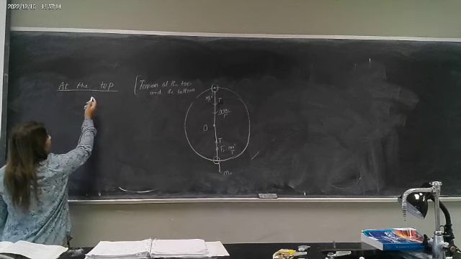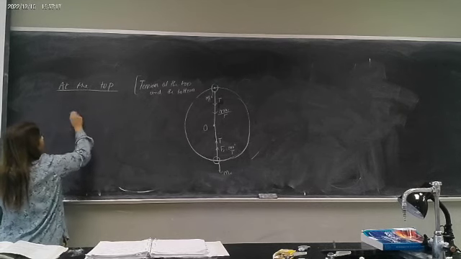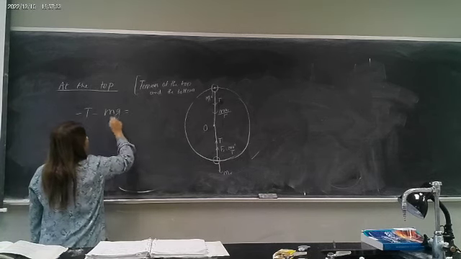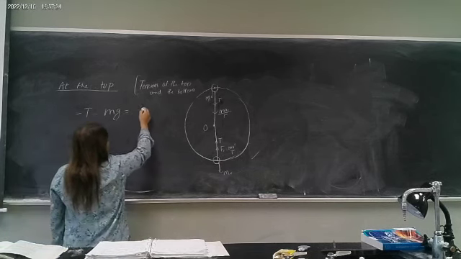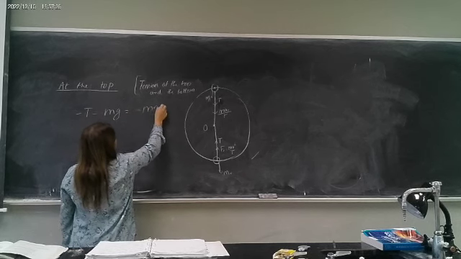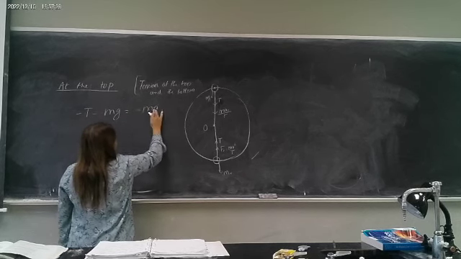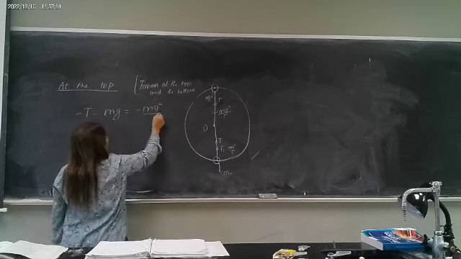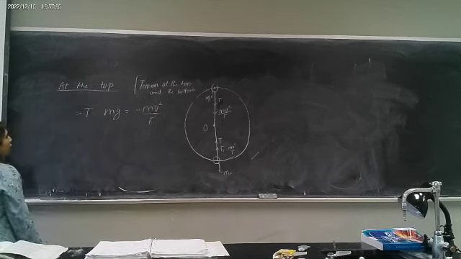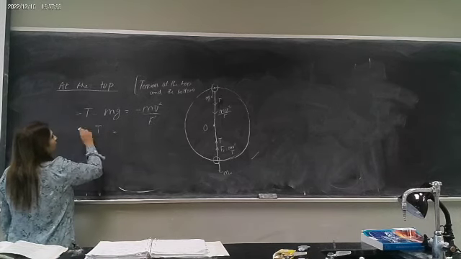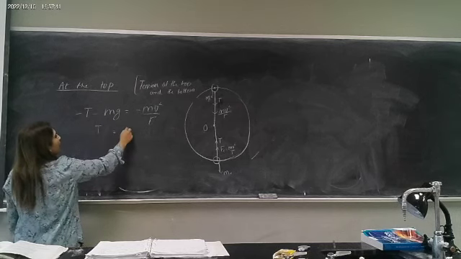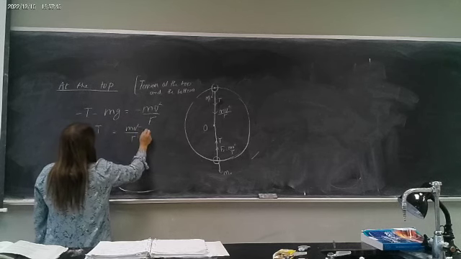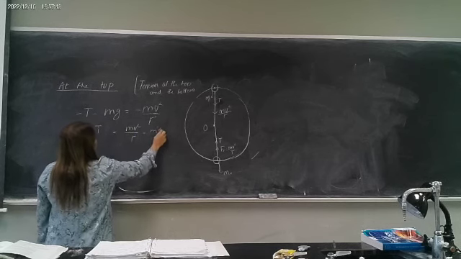At the top, since tension is downward, it's minus T minus mg, and the acceleration is the negative acceleration as well. This is mv square over r, the centripetal acceleration. We can put them together. If I move T to that side, that's going to be T equals mv square over r minus mg.